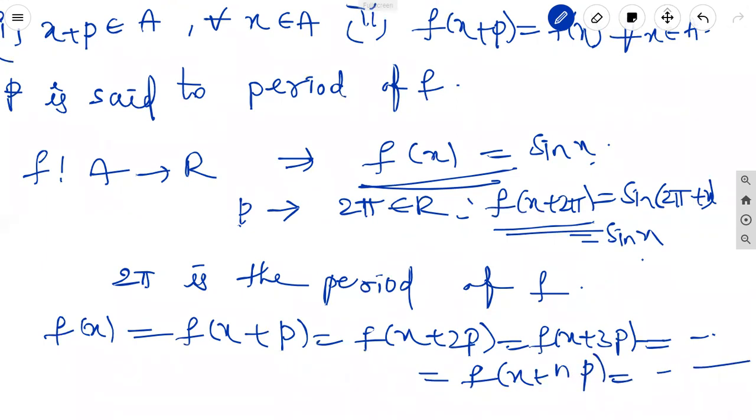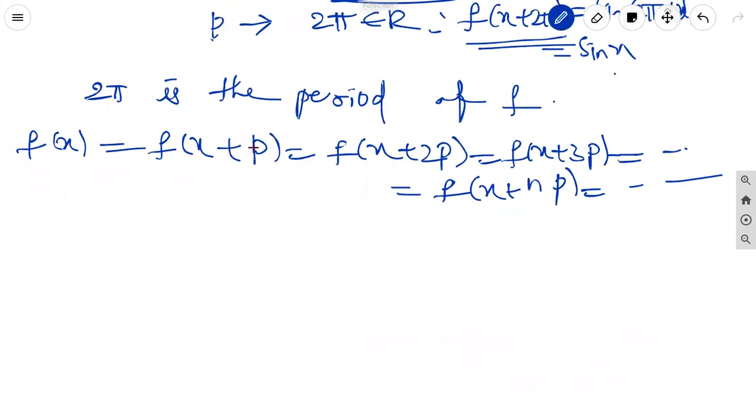Whatever the function, either f of x plus p or f of x minus p, f of x minus 2p, in both cases n is a positive integer, the function becomes f of x. In such a case we say that p is the period of f.